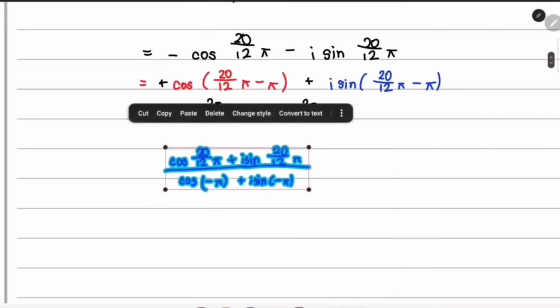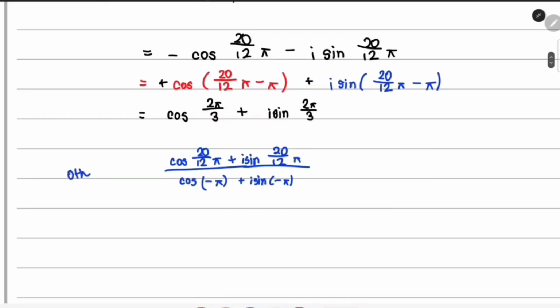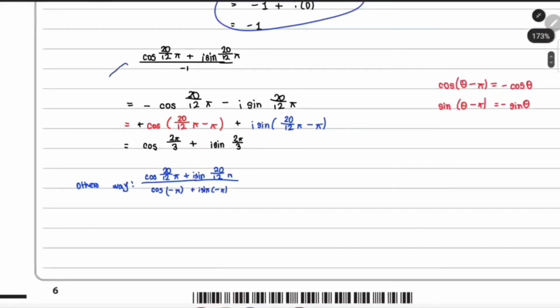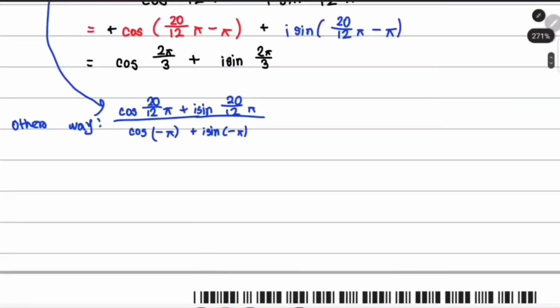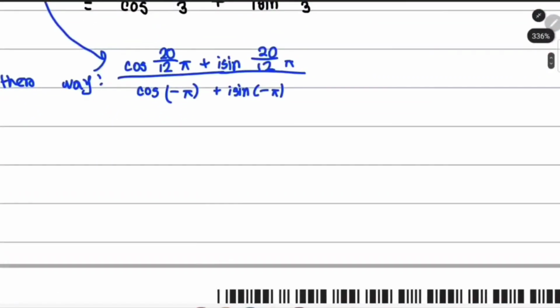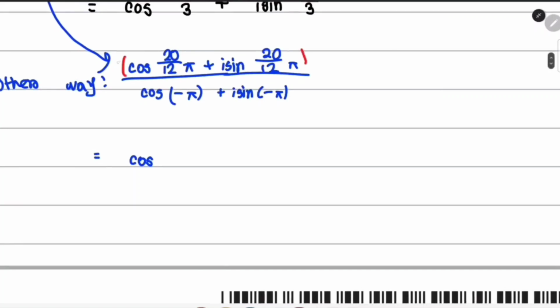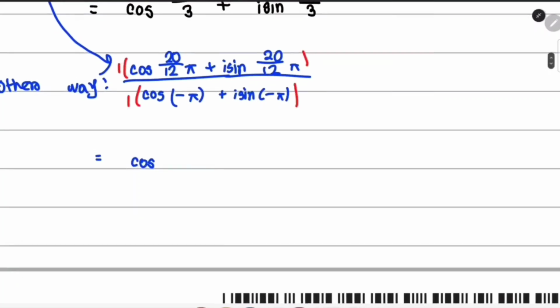This is the other way. Instead of this, you can do this. So now we'll divide complex numbers in their polar form, and if you do this, this 1 and 1, these are the magnitudes. So r cos theta plus i sine theta.